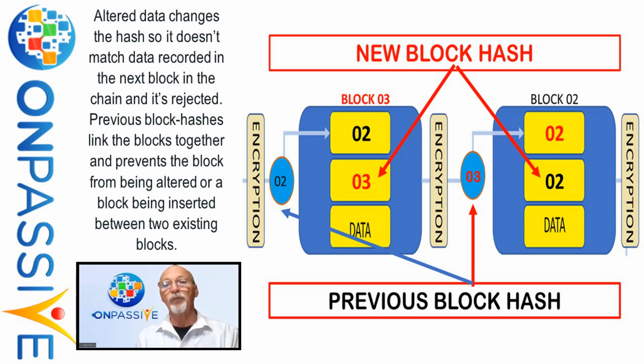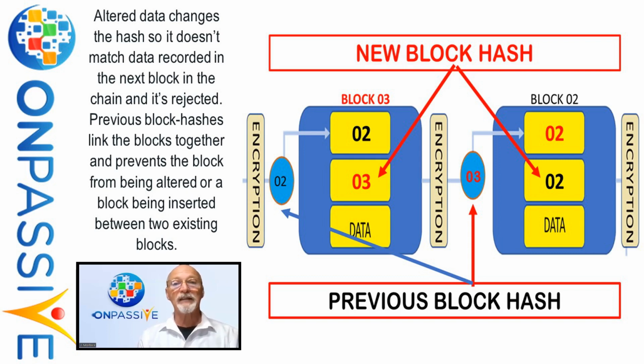In this way, the previous block hash links the blocks together through cryptography and prevents any block from being altered or a block being inserted between two existing blocks. Clear as mud, right? Yeah, it's pretty good stuff, right? Now, each block is linked to the previous one to create an undisputable record of transactions. So that's how it all plays together, right?